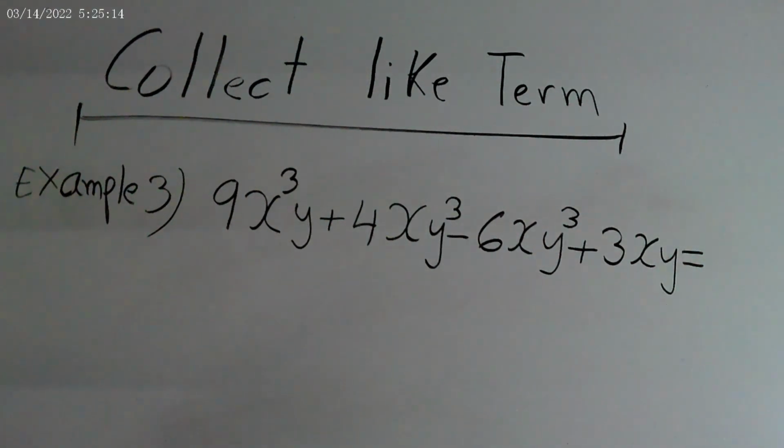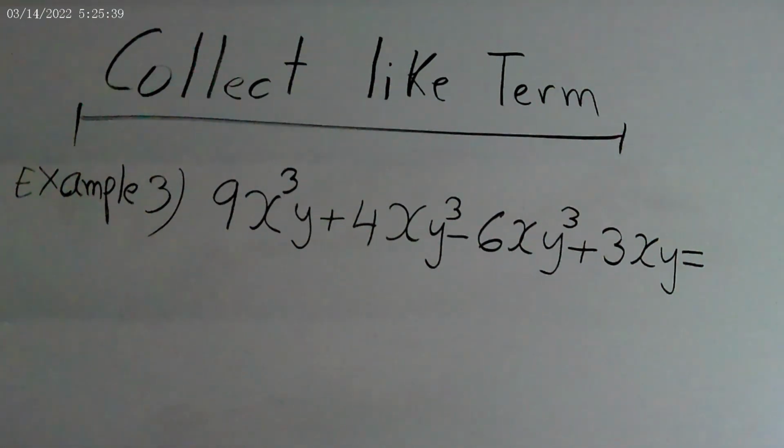Okay, example 3. So you have 9x cubed y plus 4xy cubed minus 6xy cubed plus 3xy equal.